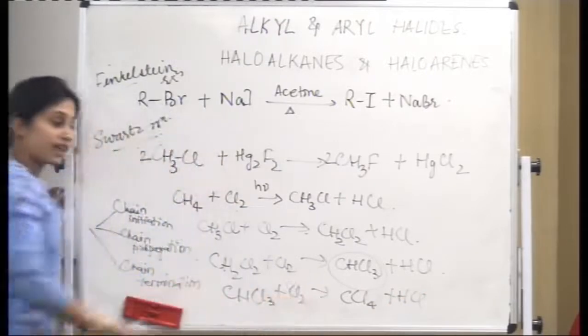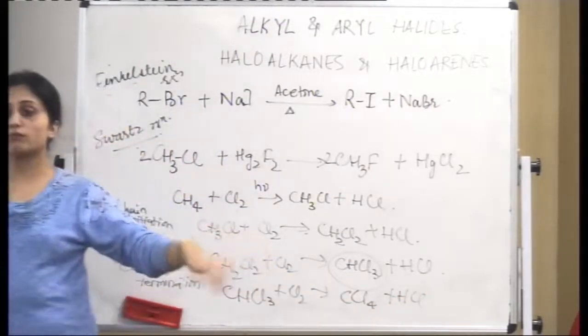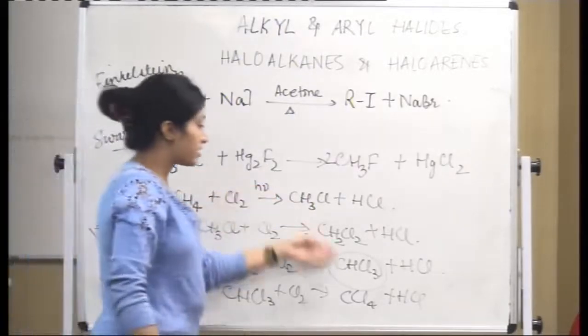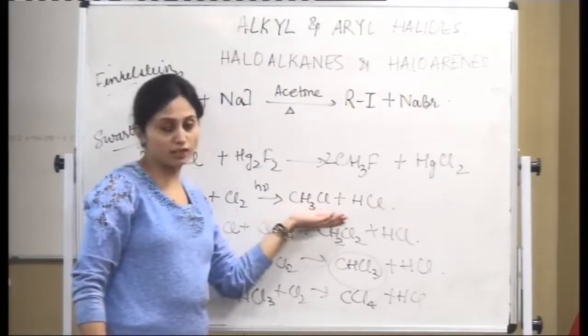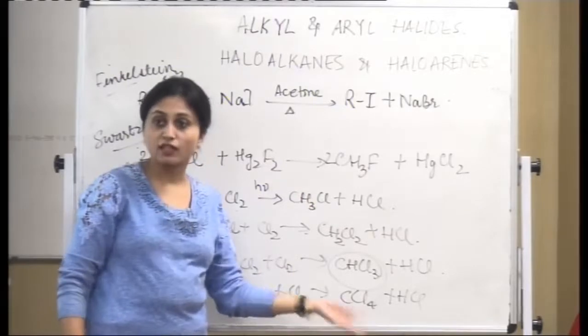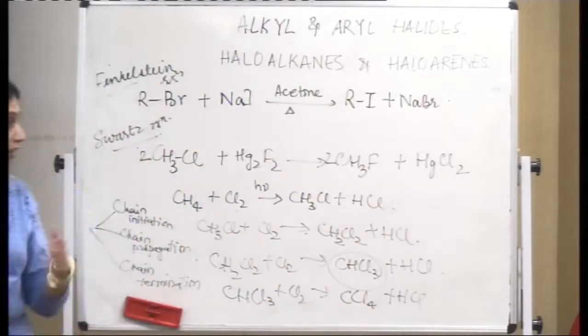Now it doesn't have any more replaceable hydrogen atoms, so this reaction will not go any further. But what if I'm interested only in getting methyl chloride or chloromethane? Why should I get the rest of the products unnecessarily? There will be that much more problem in extraction, because they have to be separated.